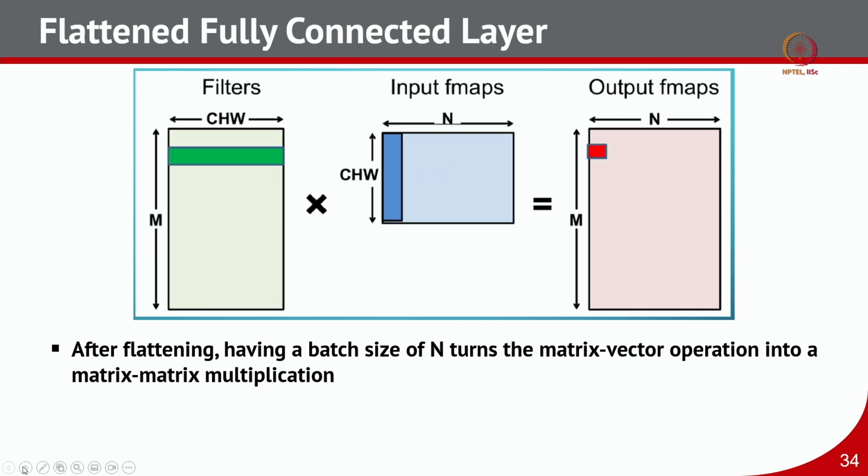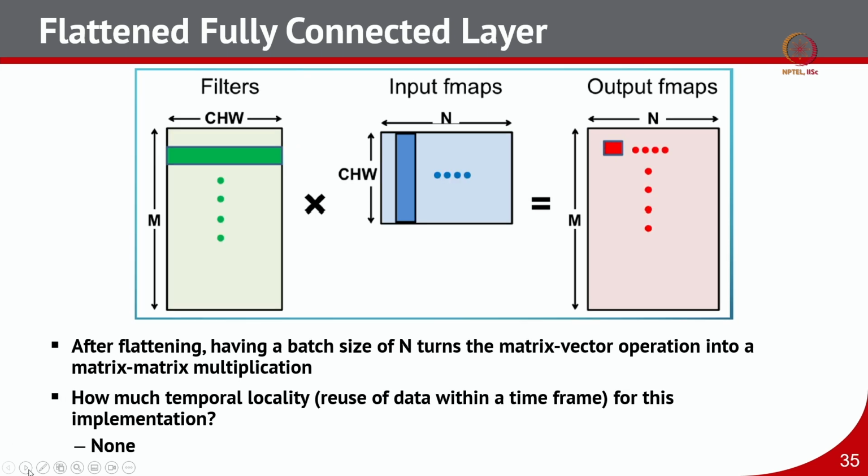Once all the input feature maps are done for one particular channel, we go to the next filter, which contributes to the next channel of the output feature map. The multiplication will happen step by step. Again, the same flattened filter is multiplied by the input feature map to obtain the corresponding output feature map.